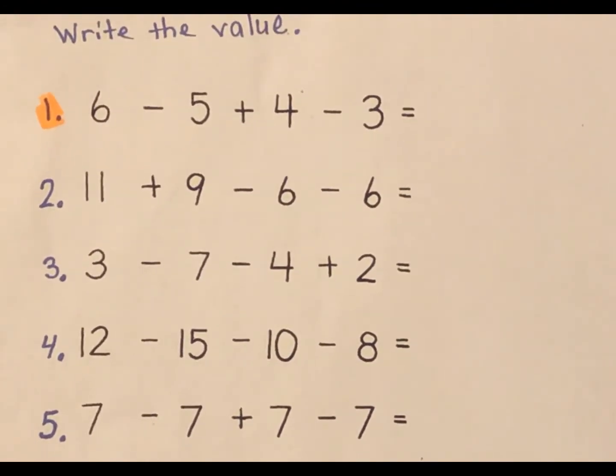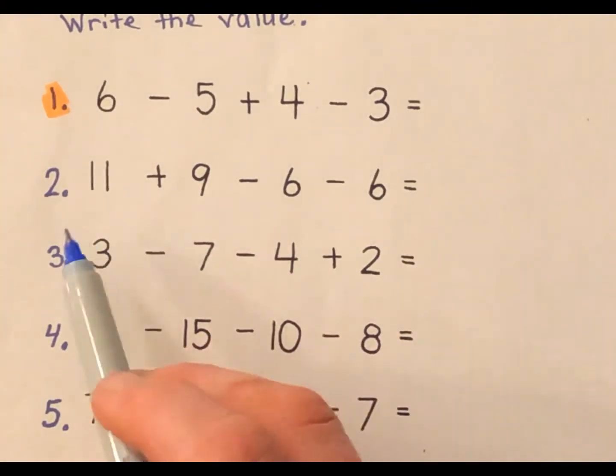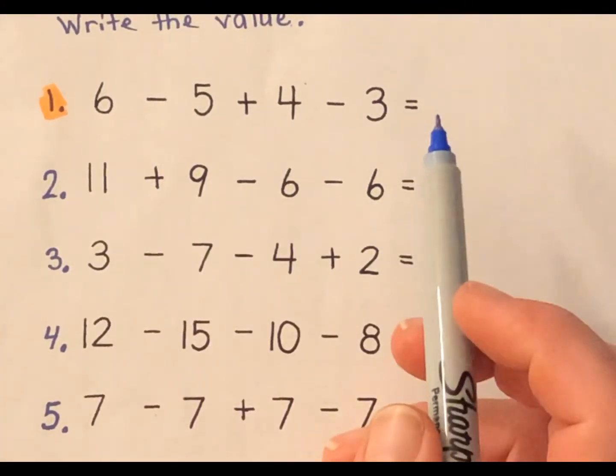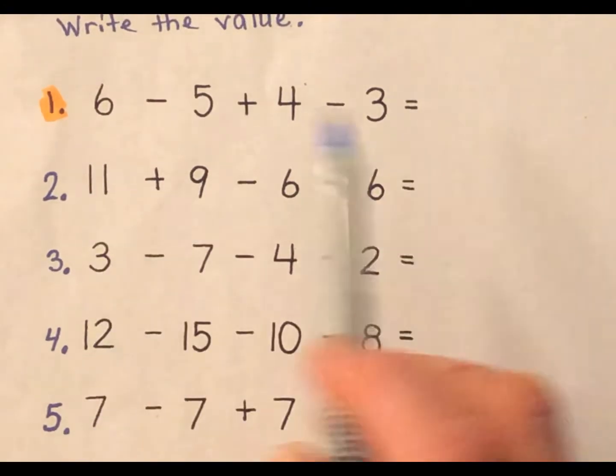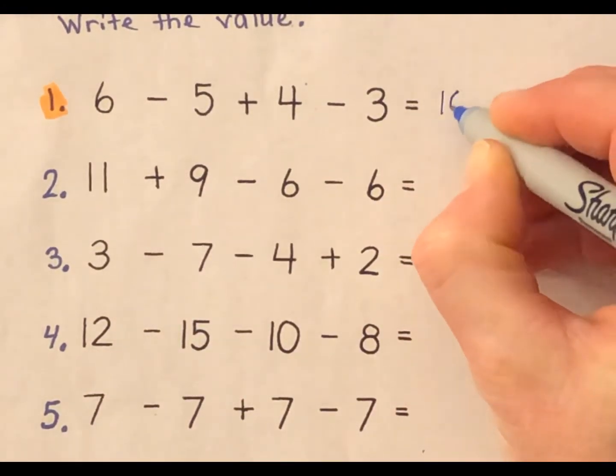You are writing the value. You've just got 4 different constants that you need to put together. They're positive and negative. And I just want to suggest to you that you use a strategy like this. I like to find all the positives first. My 2 positives are 6 and 4. They make 10.